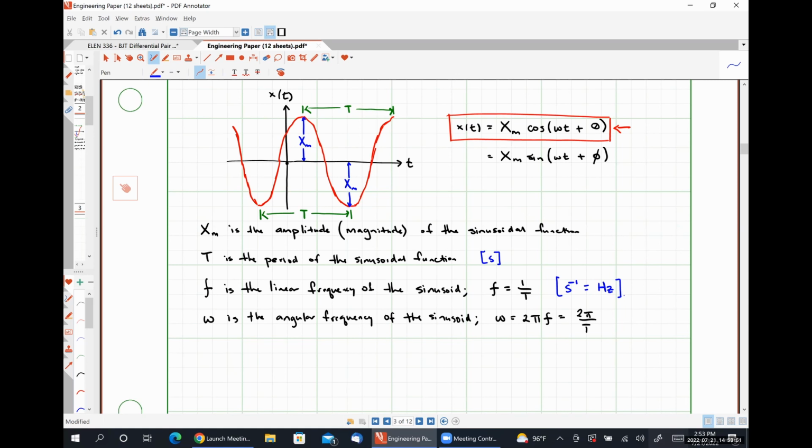Our angular frequency, omega, is the total angle traveled in a specific amount of time. And so this has units of radians per second.